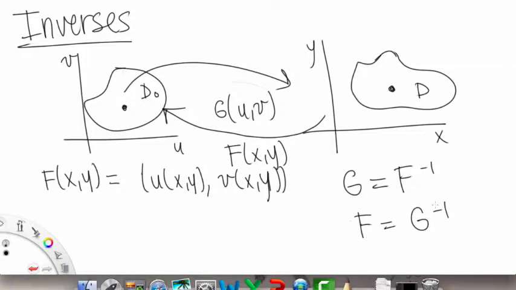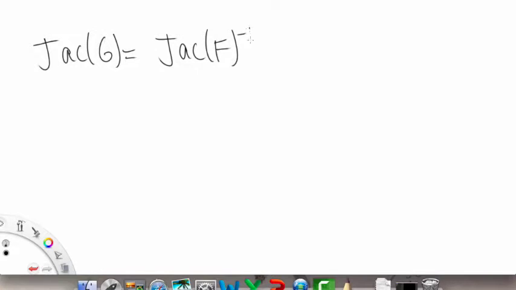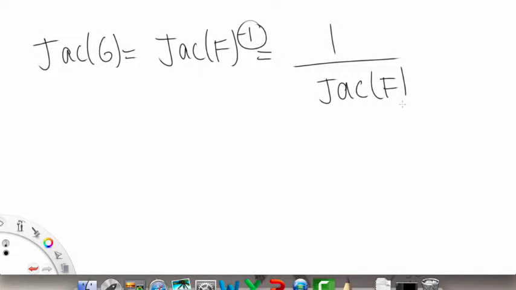Okay, and what that means with reference to our Jacobians is the following. Jacobian of g equals the inverse of the Jacobian of f. Okay, so what this means is that, well, I'll write on the next slide. So Jacobian of g being the inverse of Jacobian of f just means that this -1 is an exponent, so it goes to the bottom.